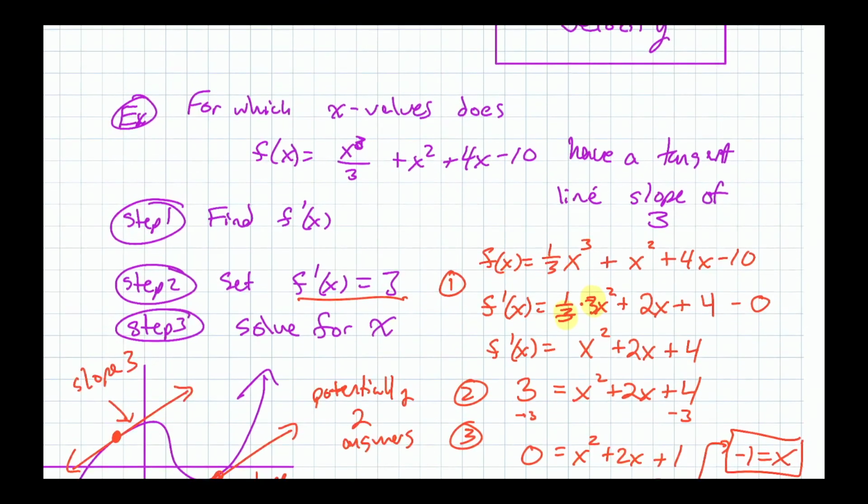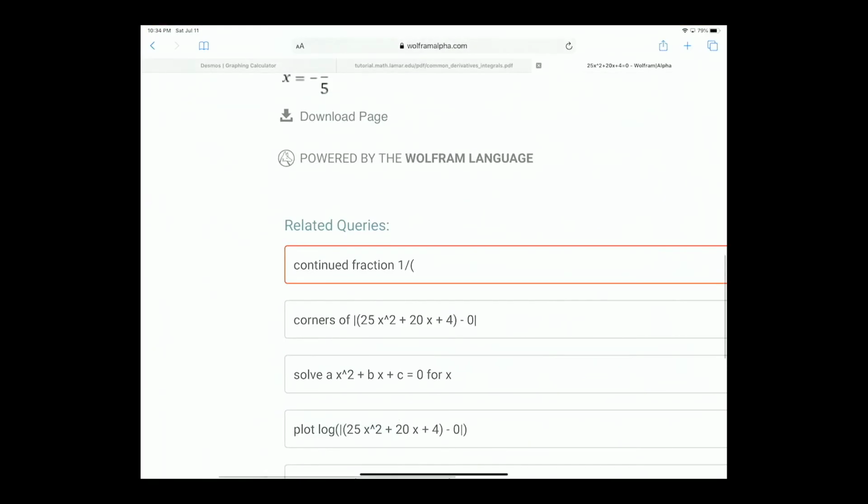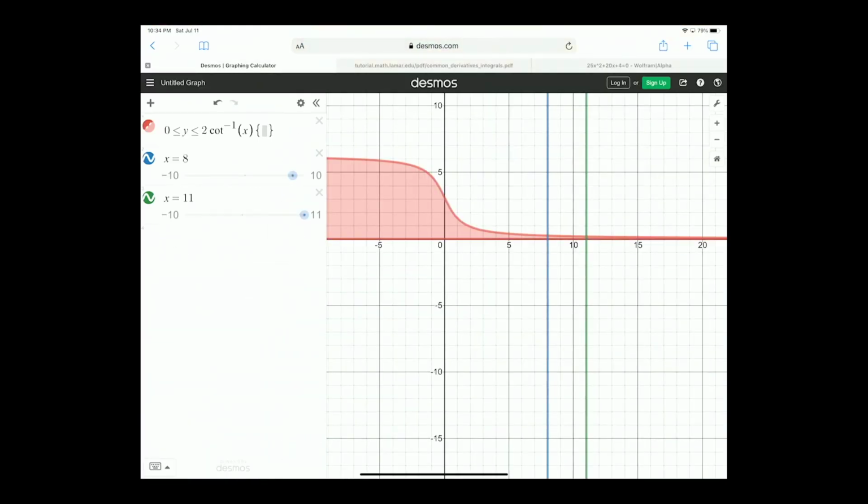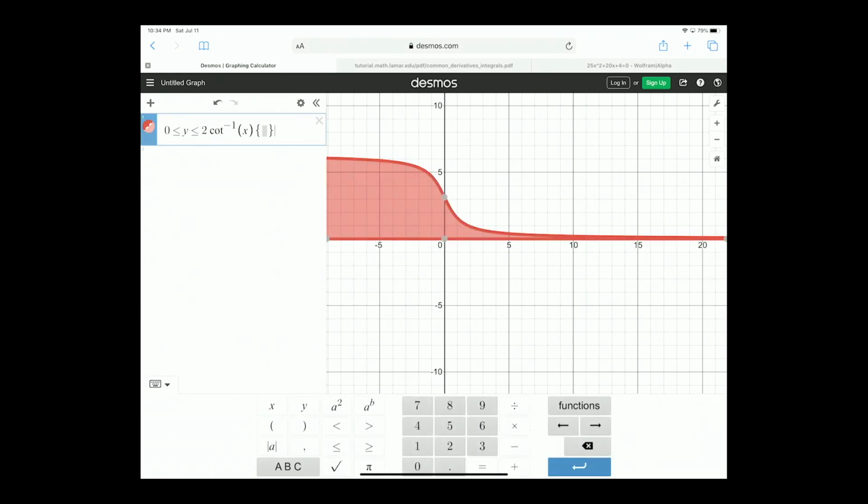Let's go type this into Desmos and look at the work. Desmos is already open, with lots of stuff I don't need. Delete all of this. Okay, what do we have?